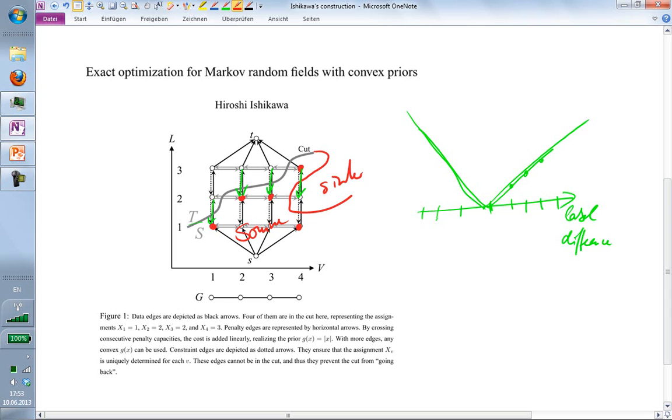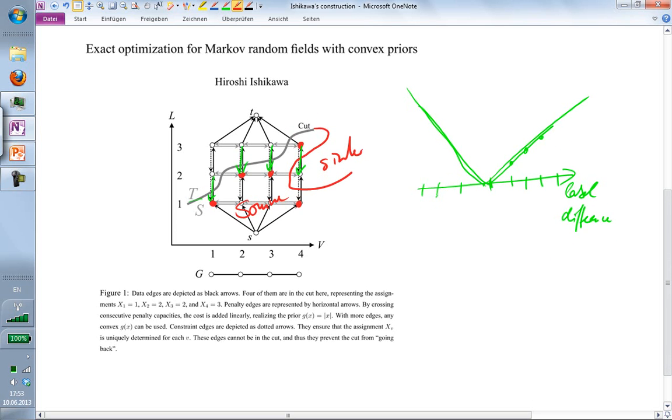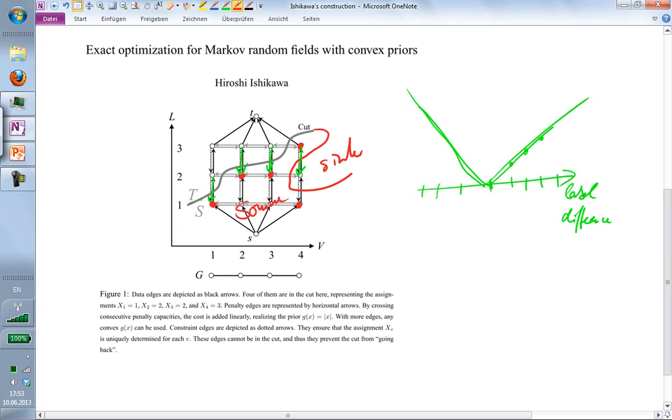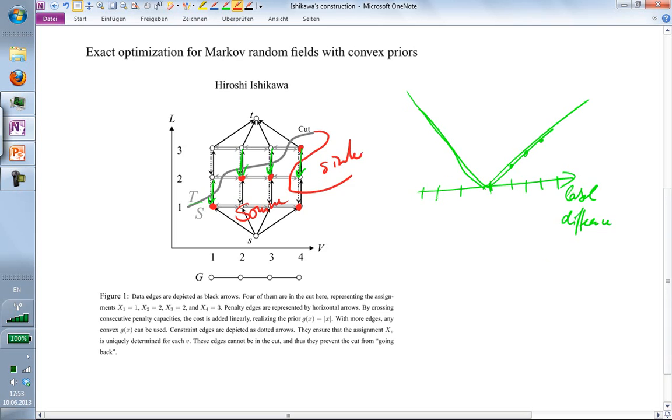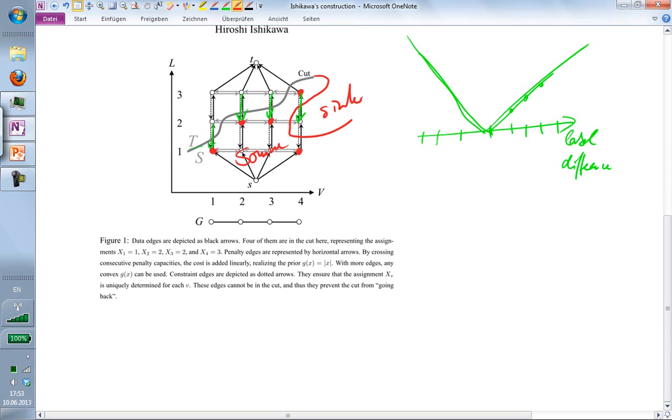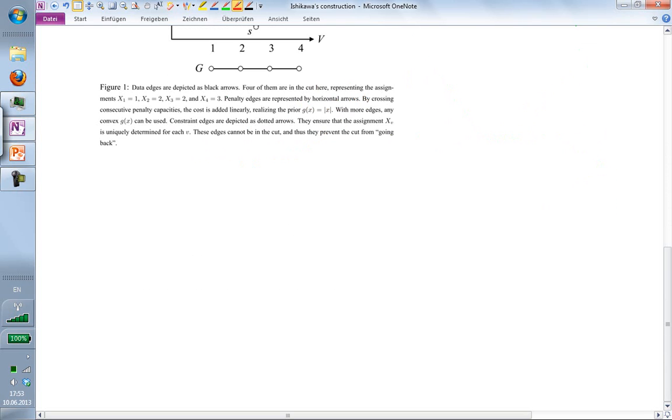And this is, I think, a very clever construction that allows us to solve such multi-label problems also with a graph cut, under the conditions that my labels can be arranged linearly and the smoothness prior is convex over these labels. My final plot of the course is how to use that in an image space, because the above example was only a line of 4 vertices.